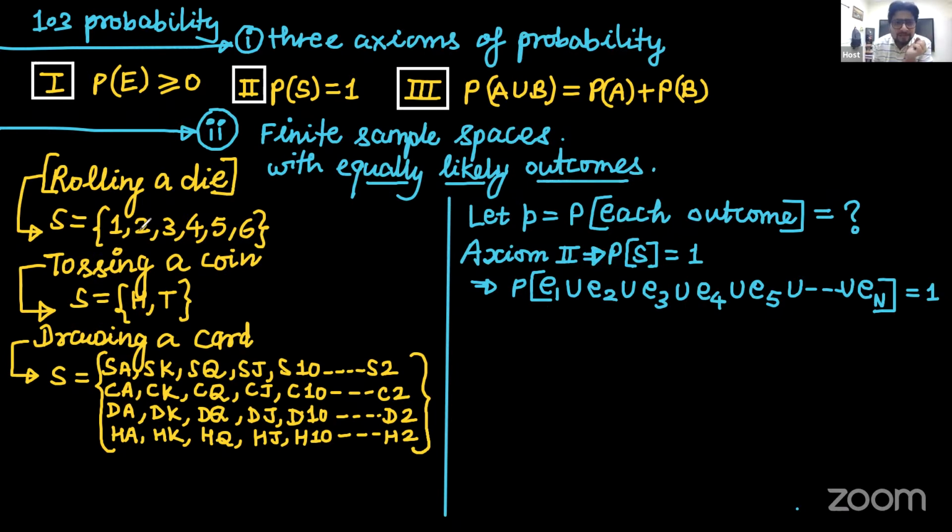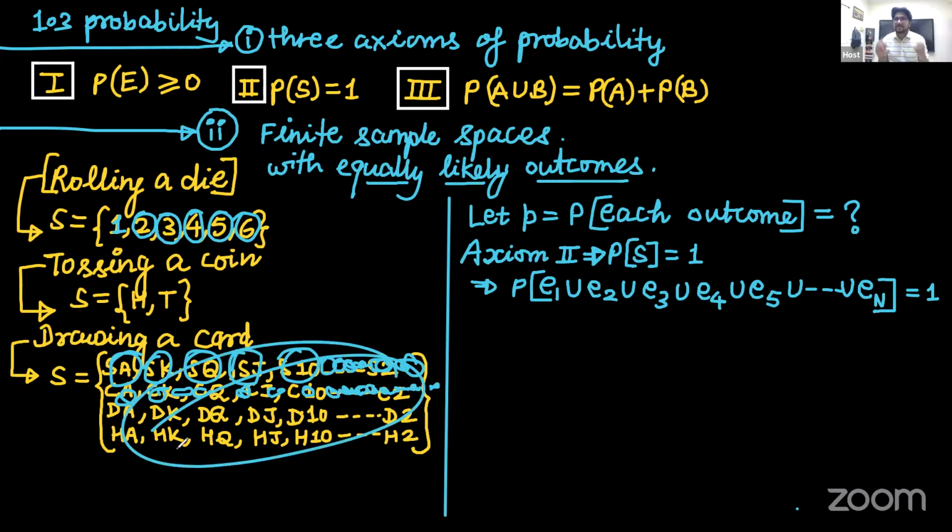That whole sample space is simply the union of element 1, element 2, and so on up to element 52, that is, the union of each possible outcome.